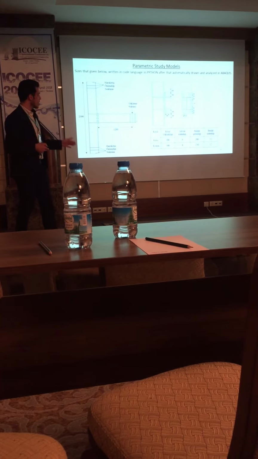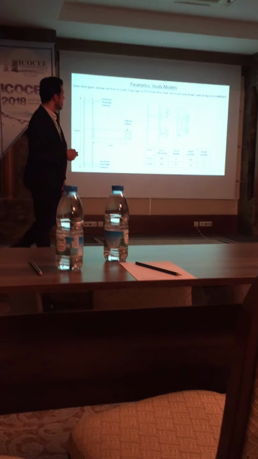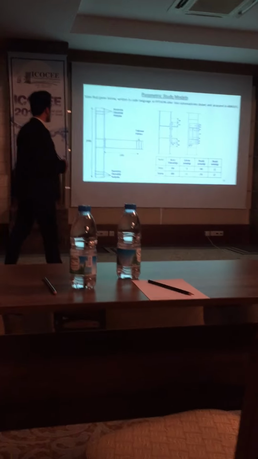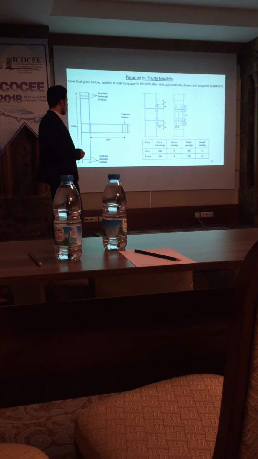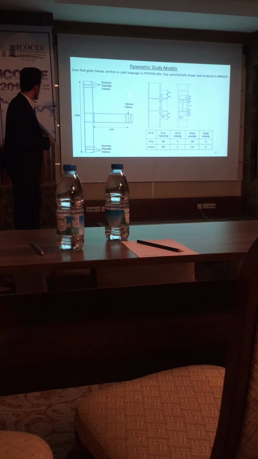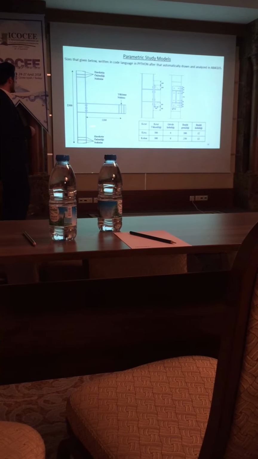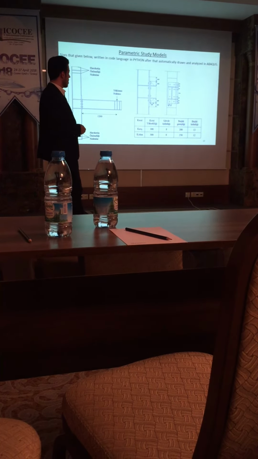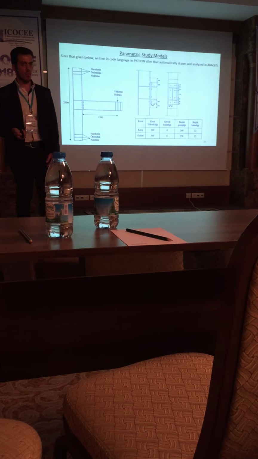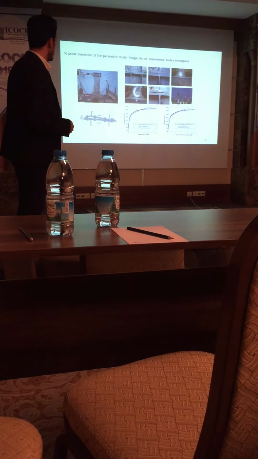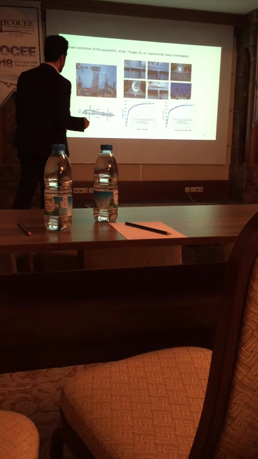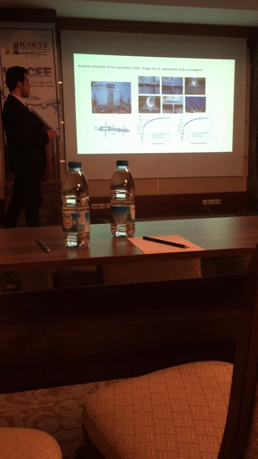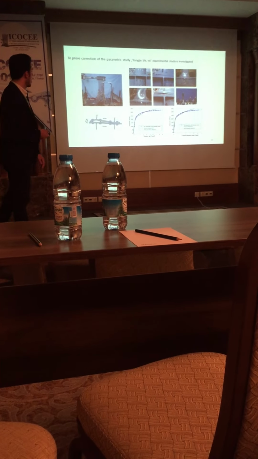Here I will just tell you shortly about our parametric study. These are all the models that we use, and these are the sections of it. We use a build-up profile in our problem. And this is the experiment that was made by Yongyu Shi, if I pronounce it right.